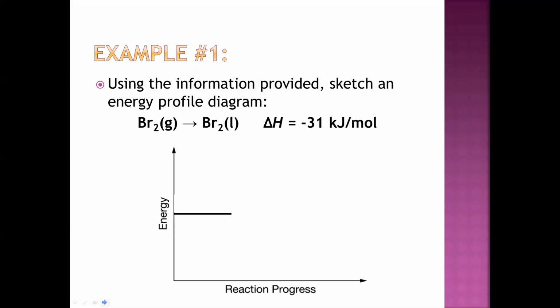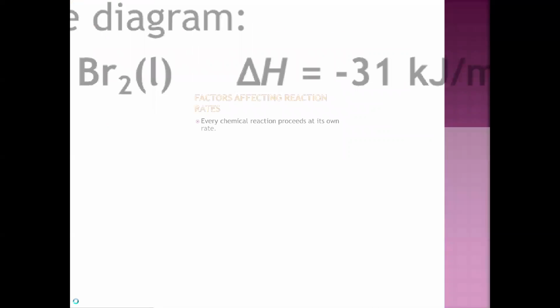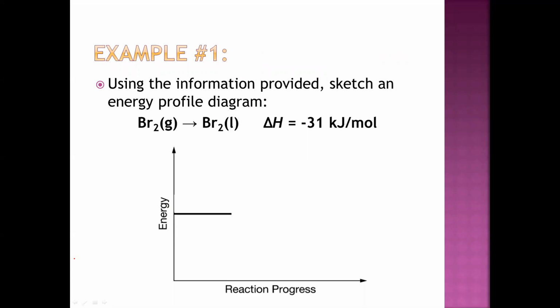Reactants always start first. So this is really the reactant, R for reactant. But if I know what it is, I like to put that down. So we've got Br2 gas as our reactant.